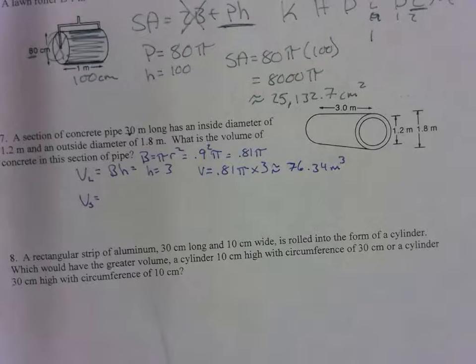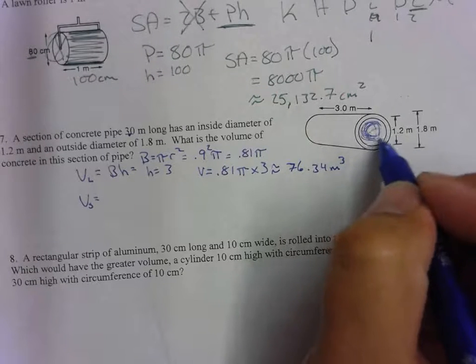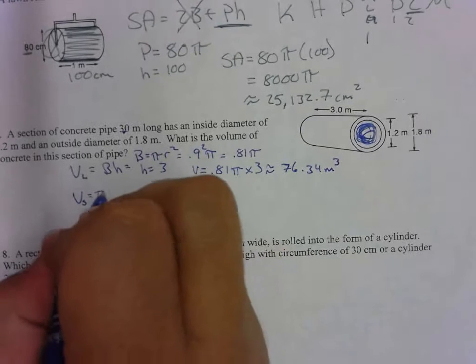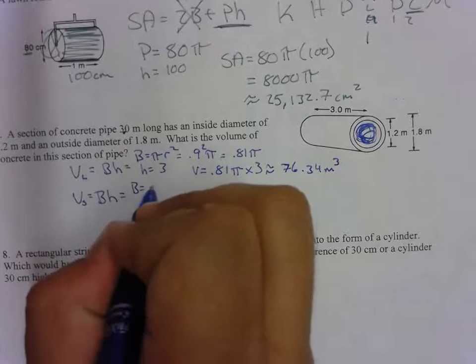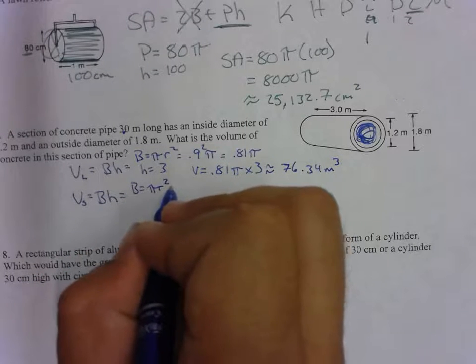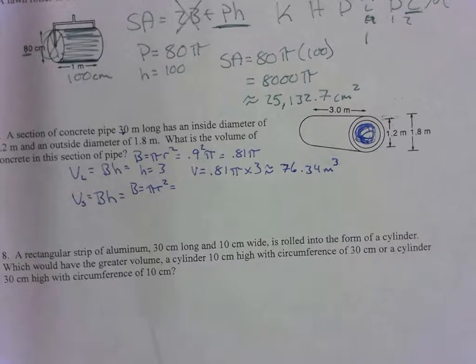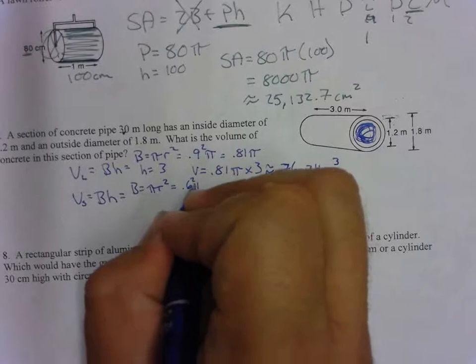I now have to find the volume of the small, hollow cylinder, where there's no concrete, and subtract it from the large one to see how much concrete I actually have. The volume does not change: it's the area of the base times the height. The base is still pi r squared. The only thing that changed was my radius. What is the radius if the diameter is 1.2? 0.6 squared times pi.